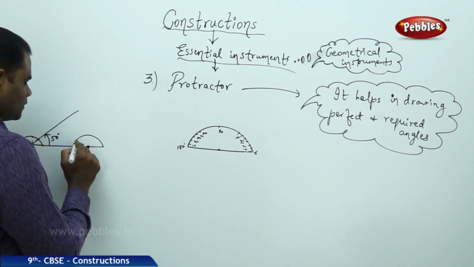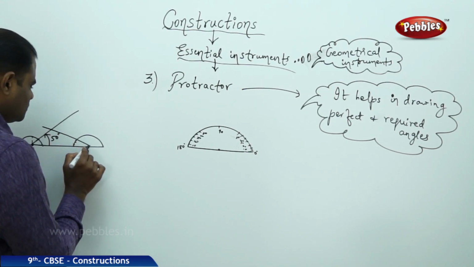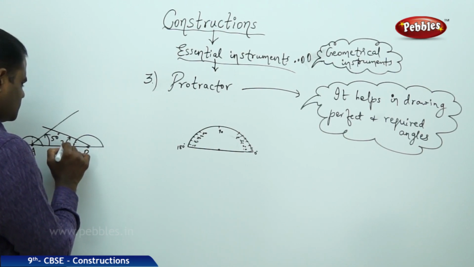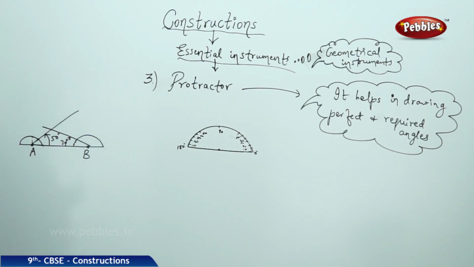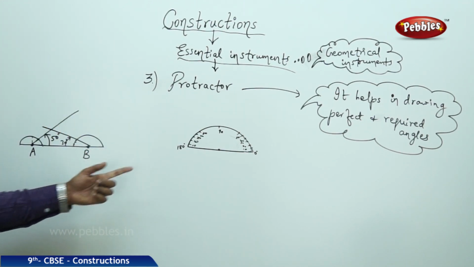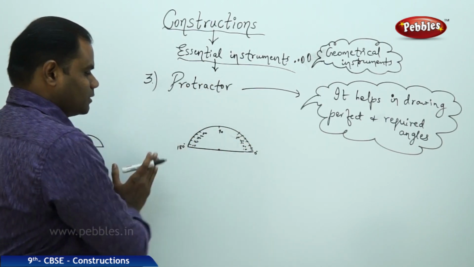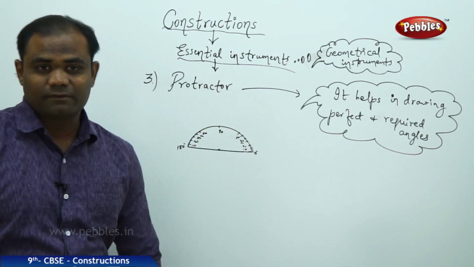I move here and then I make an angle, this, which is 30 degrees. So depending on the direction from which the angle is taken, the protractor has two sides, one starting from here and the other starting from the left.